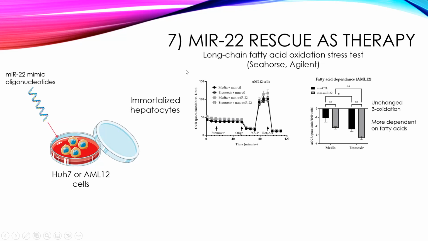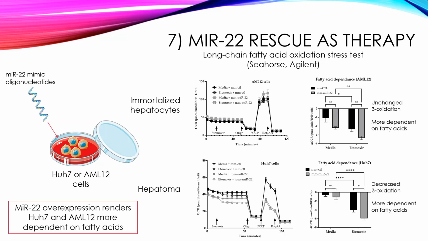And what we saw was that in immortalized hepatocytes, when we overexpress microRNA-22, they become more dependent on fatty acid. And this effect was even stronger in hepatoma cells. So microRNA-22 overexpression renders HuH7 and AML cells more dependent on fatty acid.